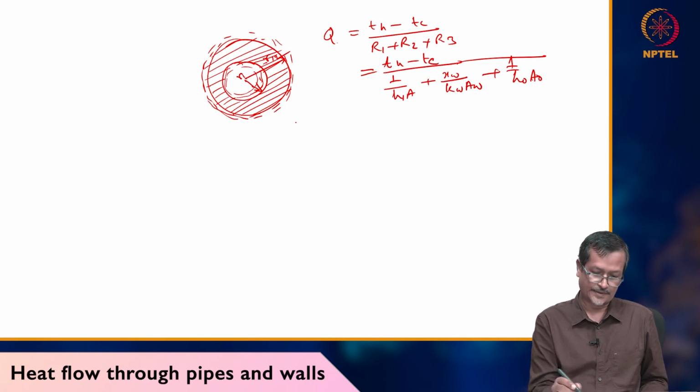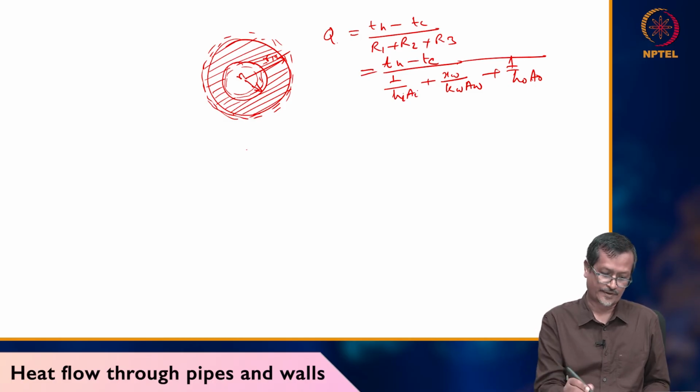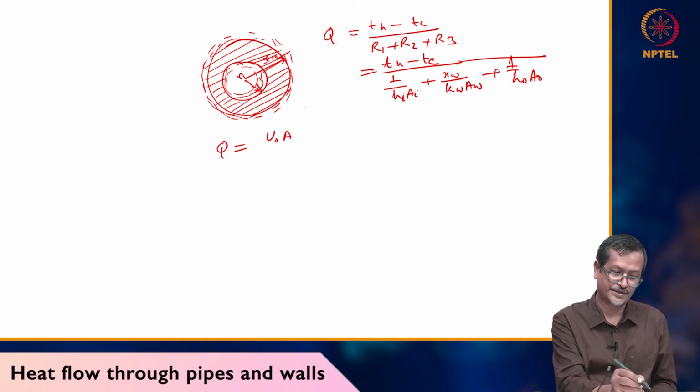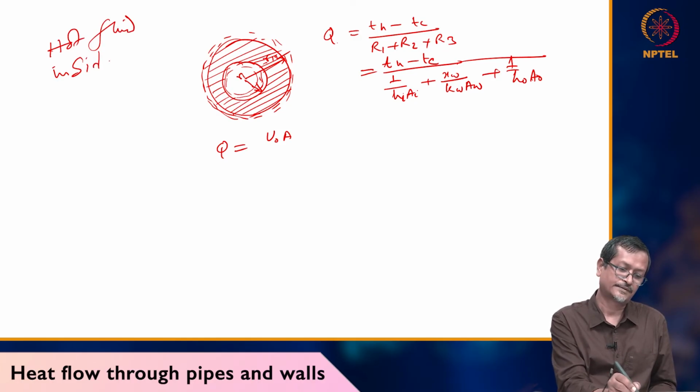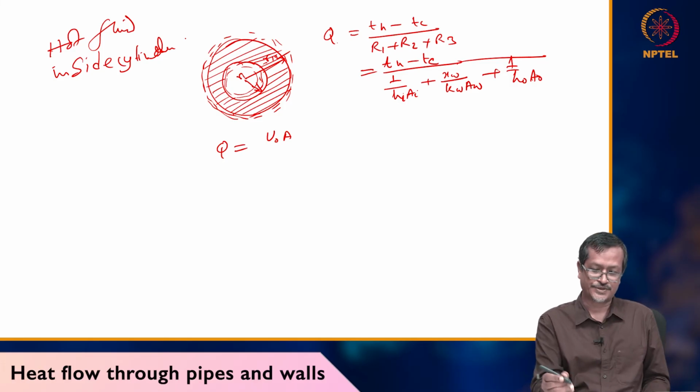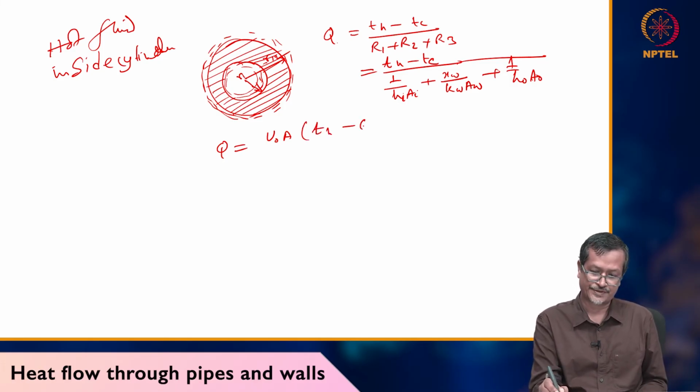So O means outside, I means inside. So Q equals UA (TH minus TC). This is hot fluid inside the cylinder. So outside temperature is lower, inside temperature is higher.